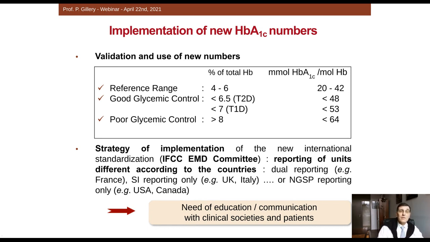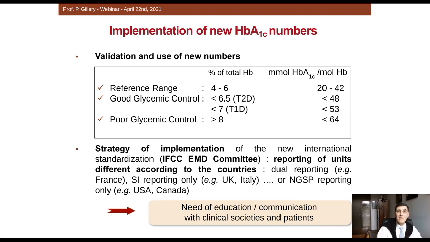And of course, a new challenge was the implementation of new HbA1c numbers. For example, using classical units in percentage, the reference range considered at that time from 4 to 6% of total hemoglobin corresponded to 20 to 42 millimoles HbA1c per mole hemoglobin.